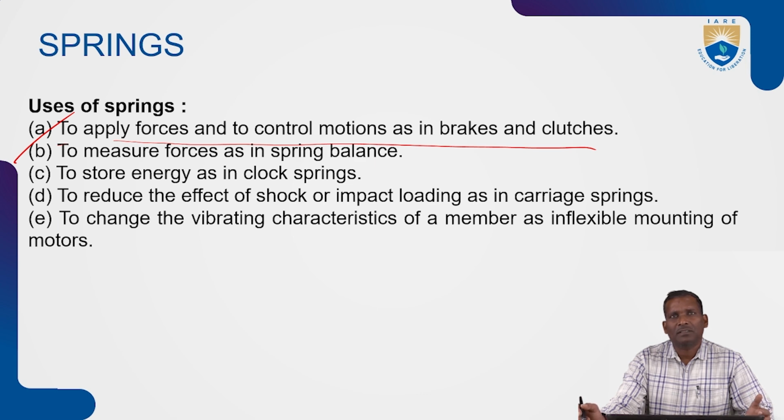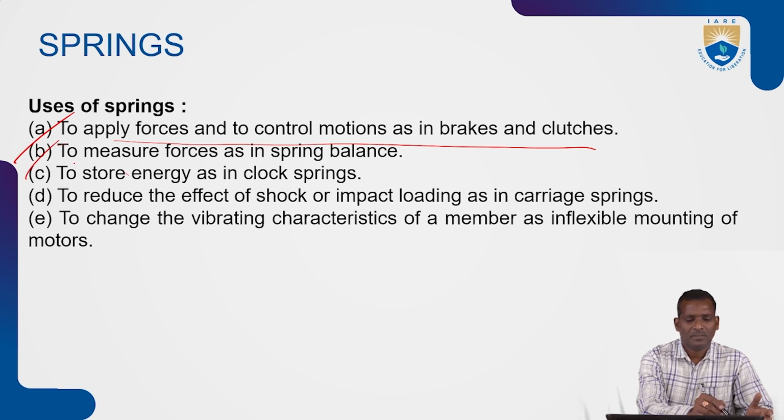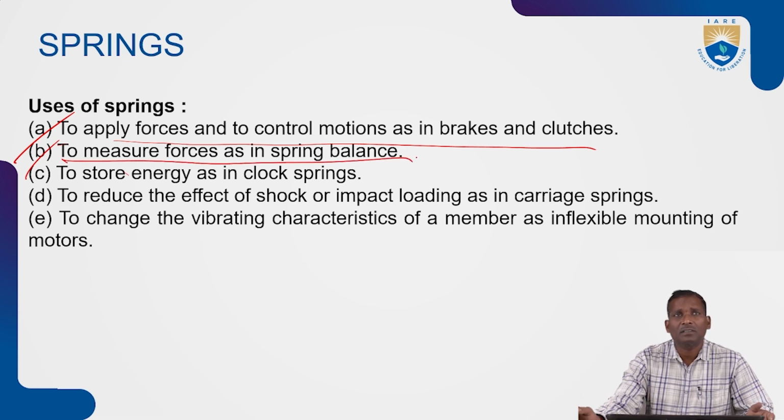In brakes, in the automobile sector, the springs are used to control the motion, and also in clutches to regulate the speed, to apply the brakes. Then to measure forces as in spring balance. This is a common usage.